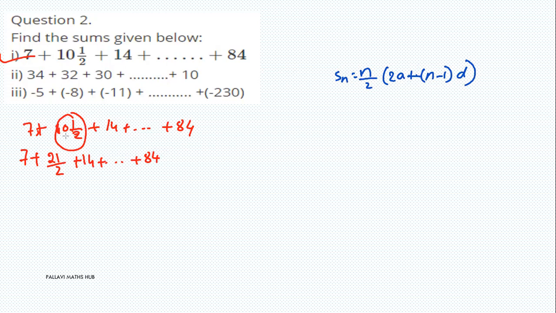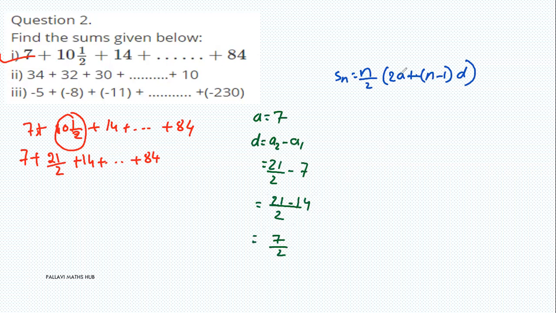The value of a is equal to 7. d is equal to a2 minus a1. a2 is 21 by 2 minus a1, which is 7. The LCM is 2, so 21 minus 7 2s are 14, which equals 7 by 2. d is equal to 7 by 2.